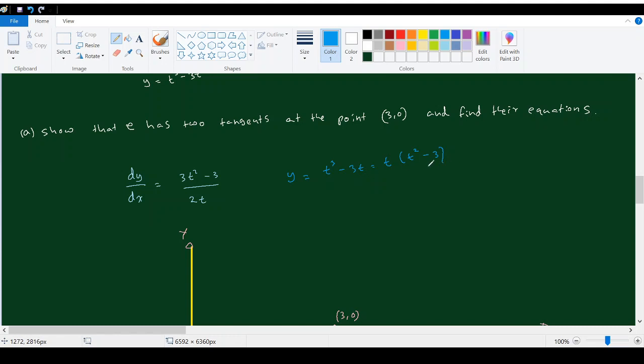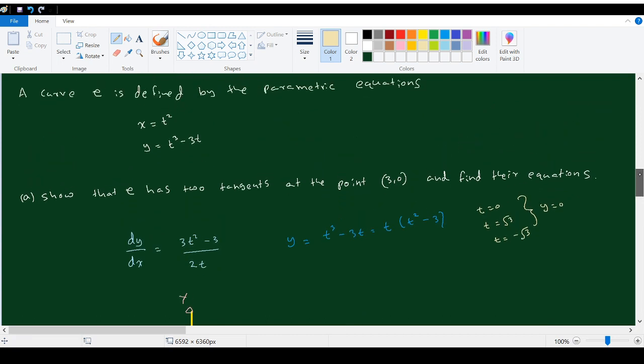By looking at this equation, you can say that at t equals 0, t equals positive root 3, and t equals negative root 3, for all these three values, the y coordinate will be equal to 0.